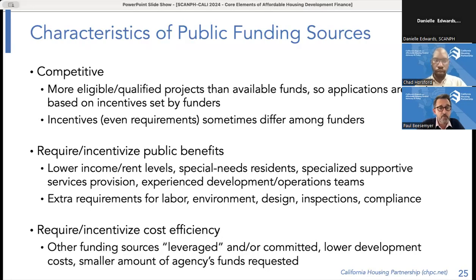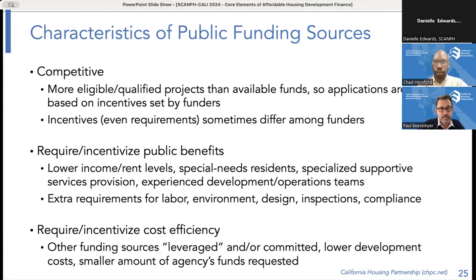Each program has its own requirements around public benefit, primarily around housing affordability. But there may be additional public benefits that a program seeks to cause to be contributed to a community. So that may be additional requirements around labor, environmental standards, design, relocation to mitigate displacement, and so forth.